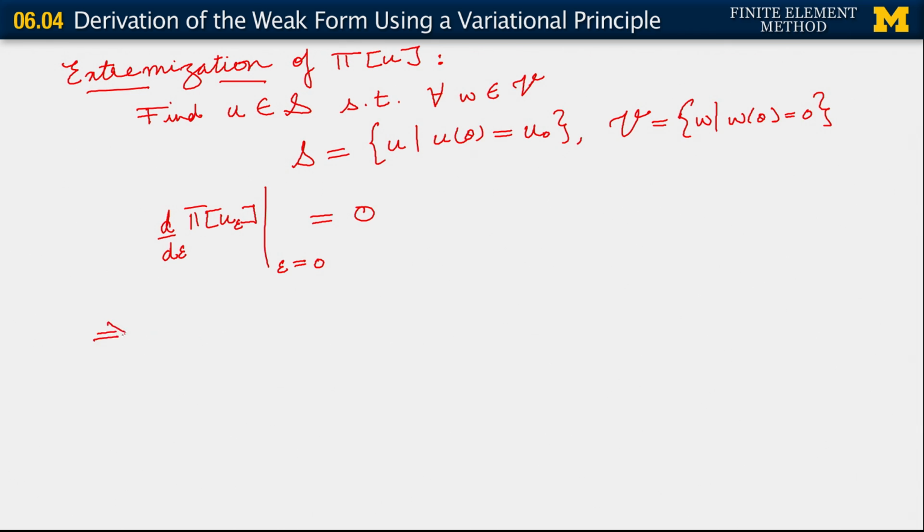What this implies then is that d/d epsilon of pi, right? And I'm going to write out pi. And let me give myself big enough brackets here.